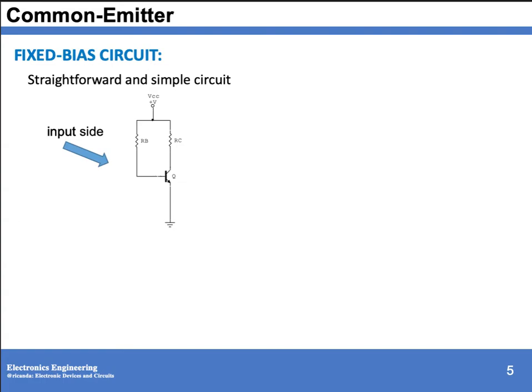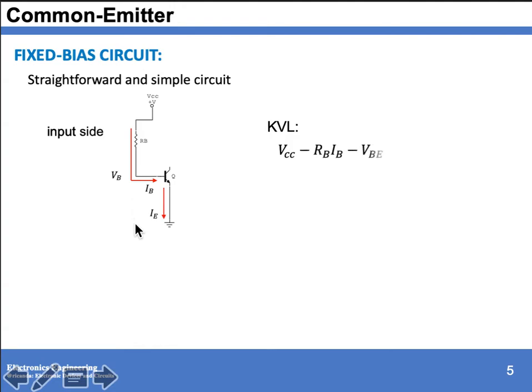So for the first analysis, we have to get the input side loop. Applying KVL in this circuit and looking for the voltage at the base, your voltage base is the voltage from this portion, base, with respect to ground. So we have VCC minus RB IB minus the voltage from your base to your emitter, we call that the base emitter junction voltage VBE, which is equivalent to 0.7, equals 0.